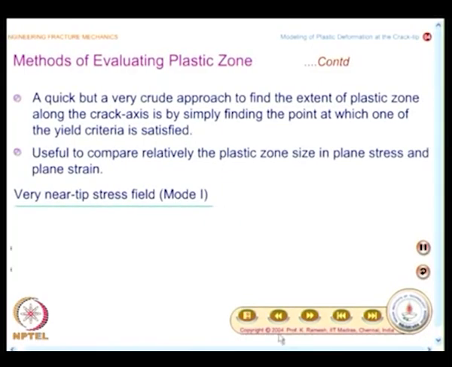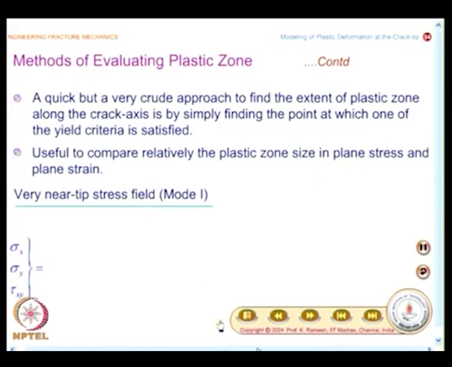And if I use this kind of an approach of simply finding out the point at which the onset of yield criteria is satisfied, which is very crude, nevertheless, this helps us to compare the relative plastic zone size in plane stress and plane strain.